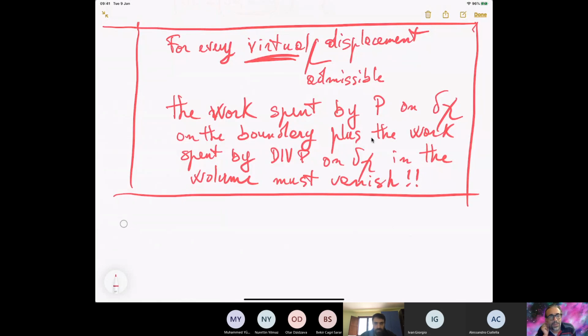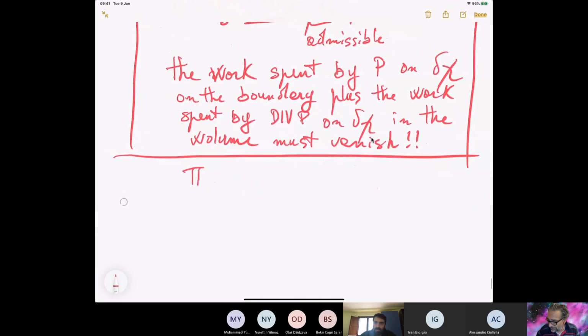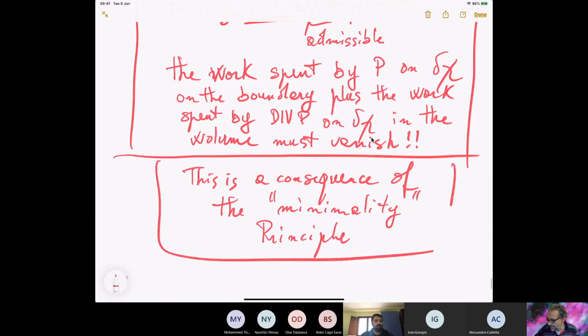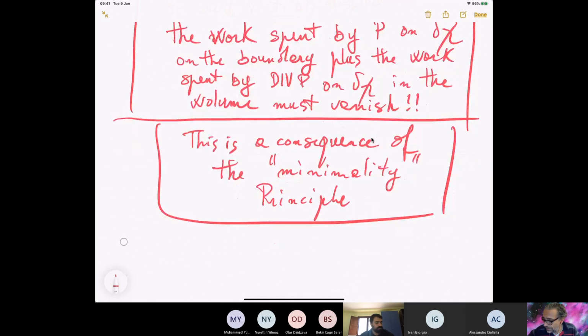But this is a consequence of the minimality principle. We will see how we can generalize this in the next lectures.